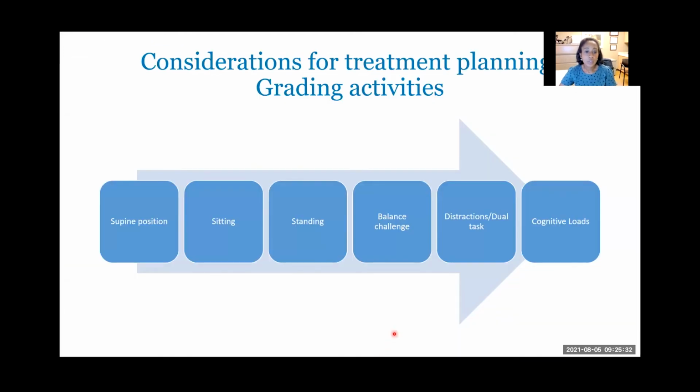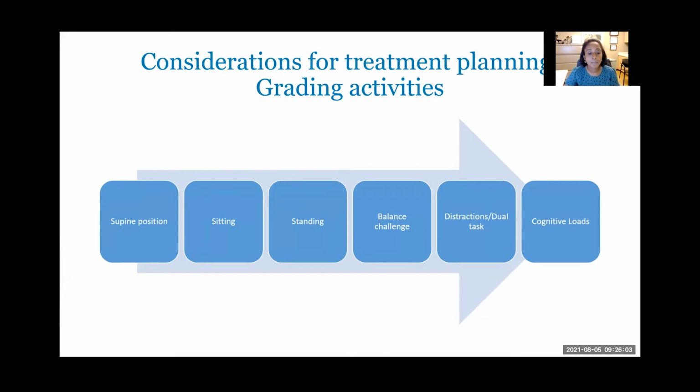So in general, in terms of occupational therapy and addressing someone's needs and increasing their independence and function, I think about starting from where they're the most comfortable and gradually increasing the task demand. So grading the activity from something as simple as staying in supine position, tracking, moving to sitting, standing, adding a balance challenge, distractions, dual task environments, or cognitive loads.